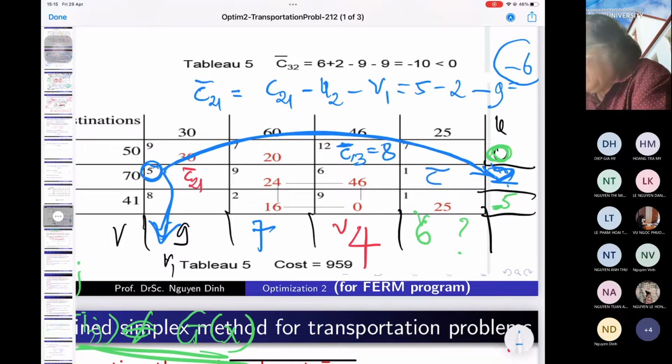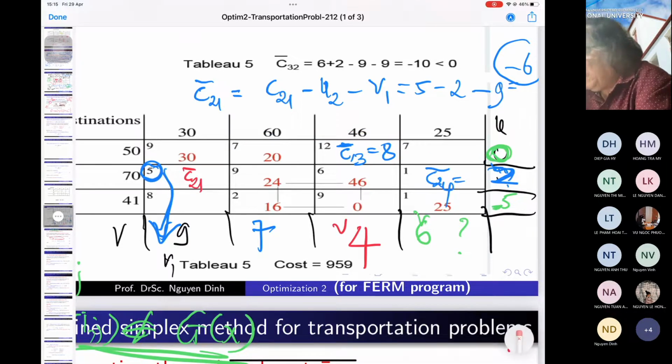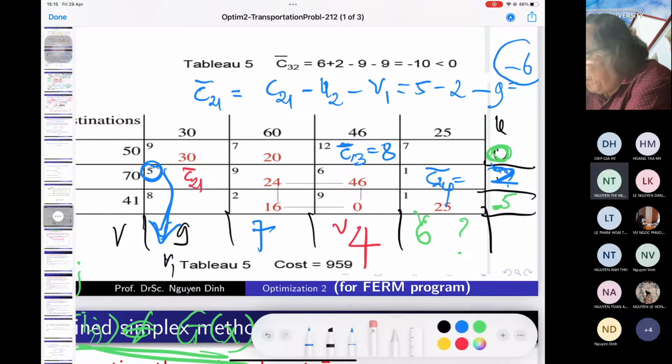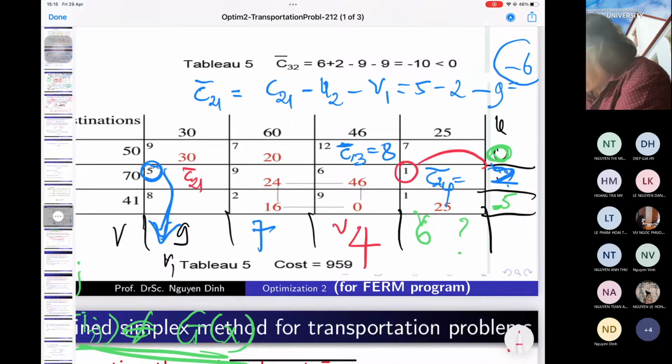C bar 2, 4 equals what? Tell me. C bar 2, 4 is 1 minus 2 minus 6. Then it is minus 7. Is that okay?